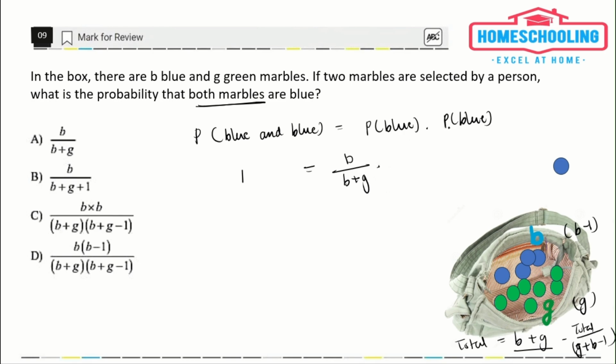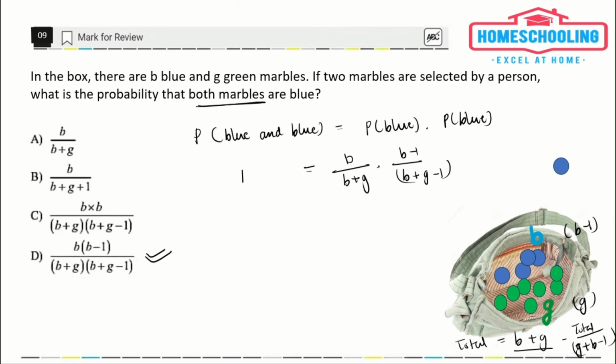Now when we find the probability of selecting the second blue marble, we select from these B minus 1, because we have already taken one blue marble out. So we have B minus 1 divided by the total number of marbles left, that is B plus G minus 1. Looking at the options, option D is your correct answer.